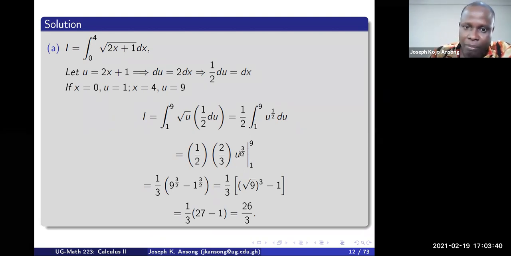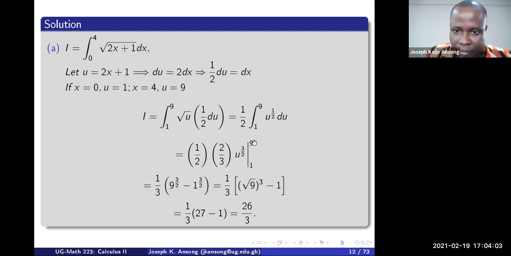And then you can put back your original variable here. So you can put 2x plus 1 in place of the u, and then use the original limits from 0 to 4. That is one way you could have done that. Sometimes it's simpler to do this, so I often prefer to do this.